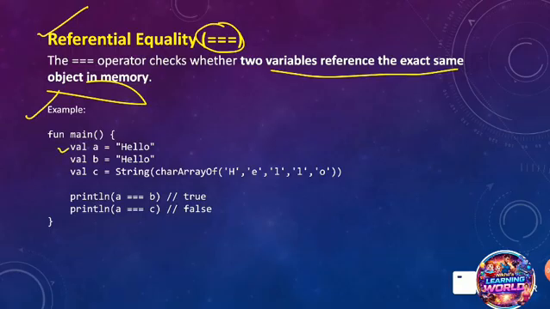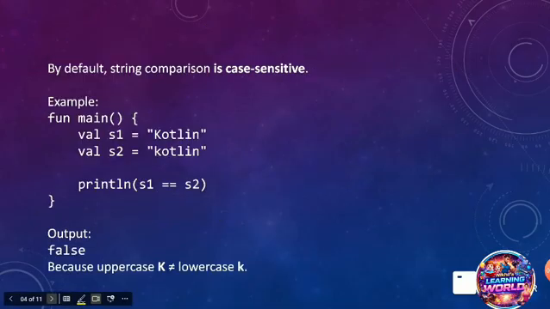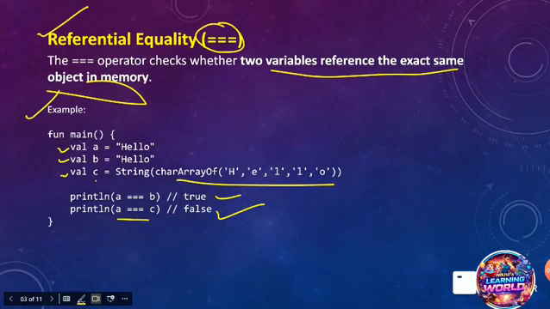For example, if you have strings A, B and C, where C is built from an array of characters that gives the text hello, then in the first statement we check A triple equals B, and in the second statement we check A triple equals C. In this example, A triple equals B returns true because they refer to the same object in memory, and A triple equals C returns false because C contains a new string object.